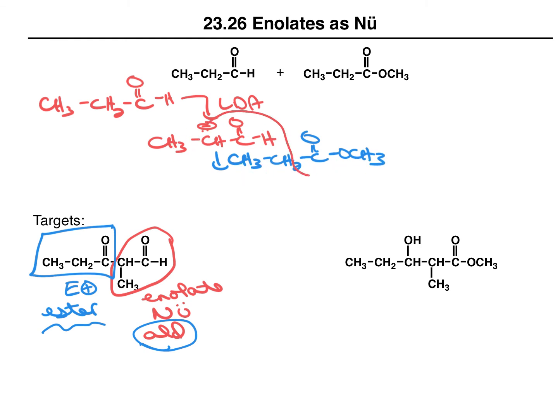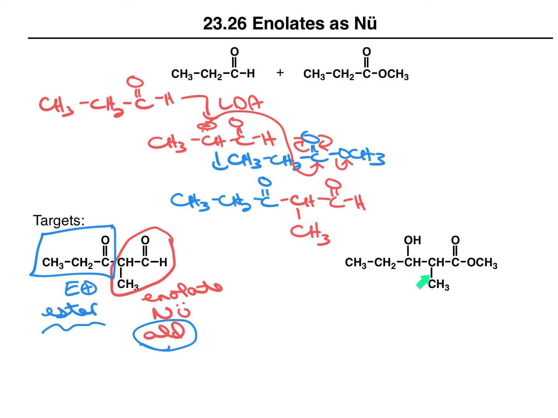So this will add here, push these electrons up, back down, kick out the methoxy group. So we will get this as our product. So the aldehyde enolate carried out a nucleophilic acyl substitution on the ester.